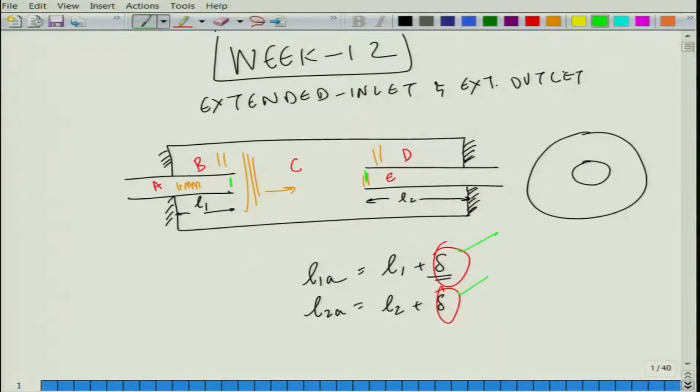Basically, the analytical mode matching technique will be used to determine the overall transmission loss spectrum for such a system, and in the process we can evaluate these deltas from the analytical transmission loss spectrum by matching the peaks, and then one can obtain the corrected spectrum.